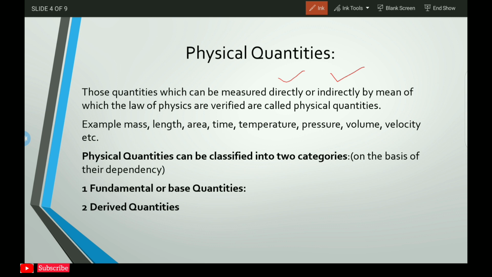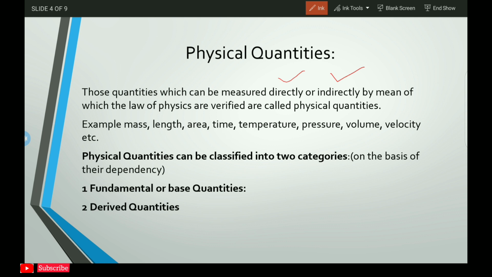But when I have to measure the distance between the earth and the sun or any other planet, do I have any measuring tape that can measure such a large distance? No, I do not have any measuring tape that can measure very large or very small distances. So we have to employ some indirect methods such as the parallax method or the oleic acid test. These are some examples of indirect methods to measure physical quantities.